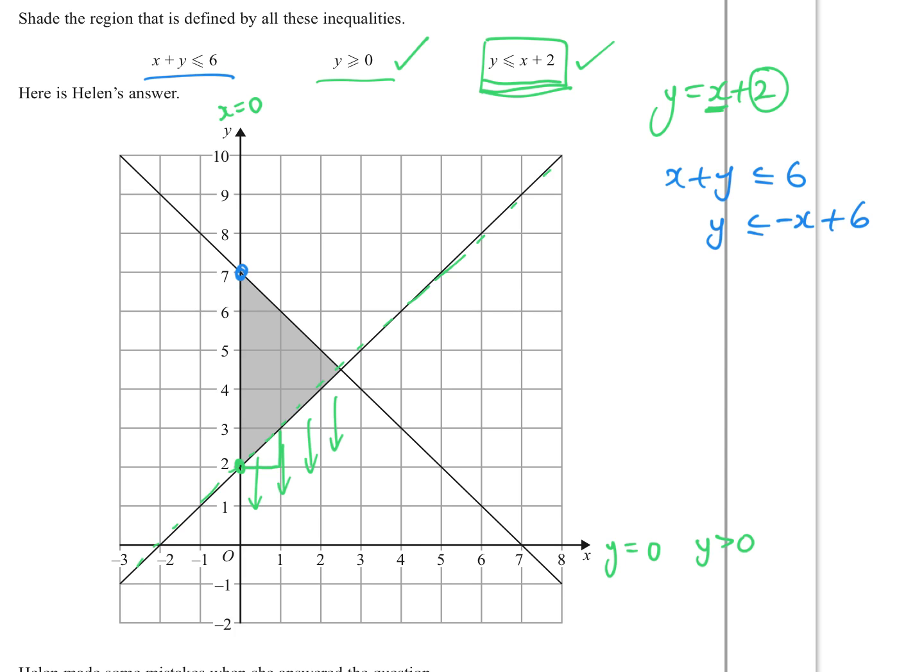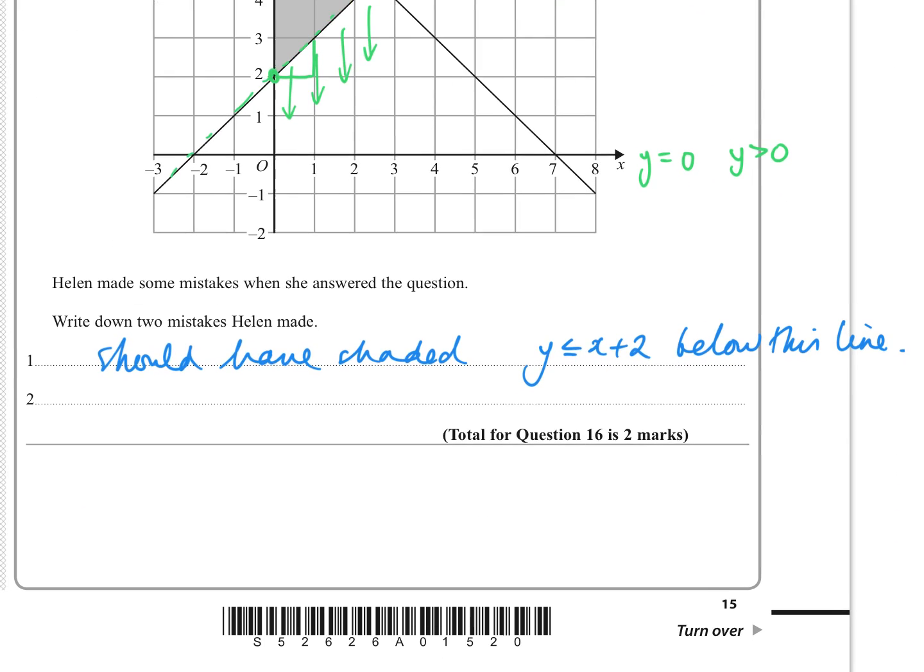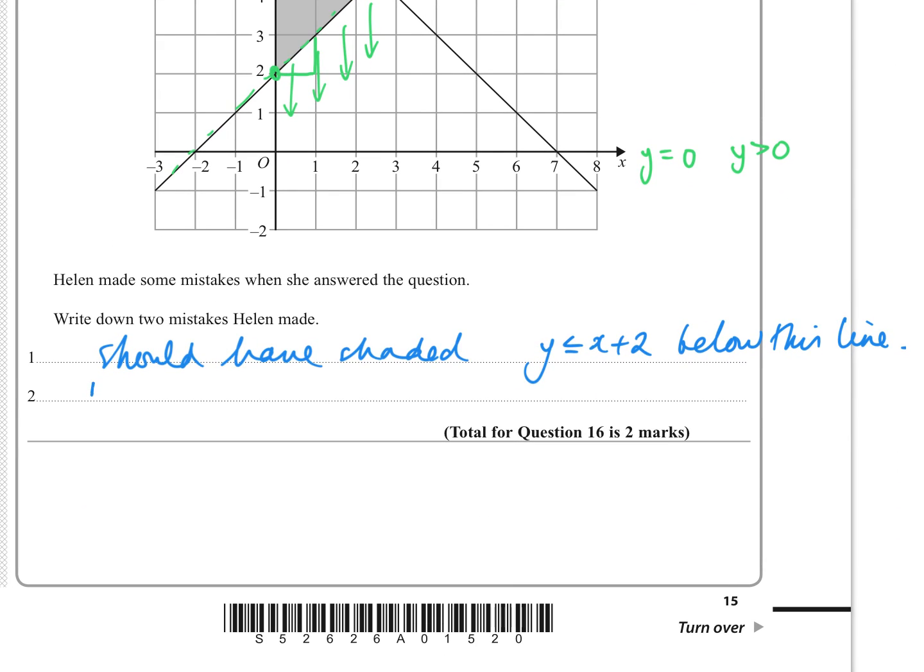So the next thing we can say is the intercept for x plus y less than or equal to 6 is drawn incorrectly. Okay, so there's 2 mistakes, and let's move on.